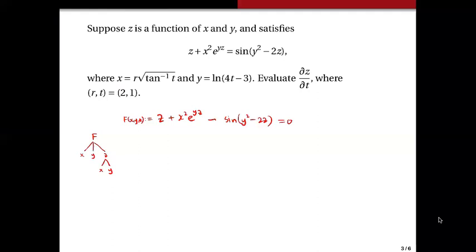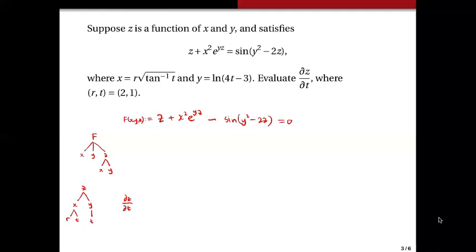But this is what we know. We look at it by chain rule. So your z is in terms of x comma y. Your x is in terms of r and t, while your y is in terms of t. Okay? So from here, we can have partial z with respect to t. Okay?